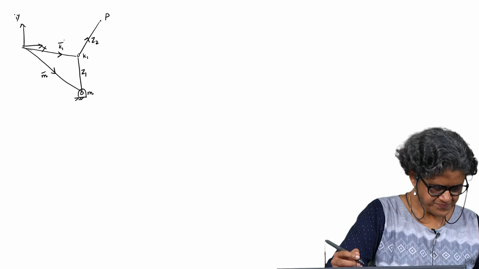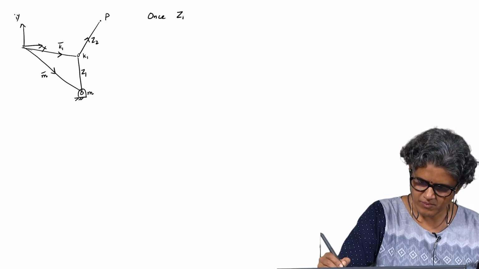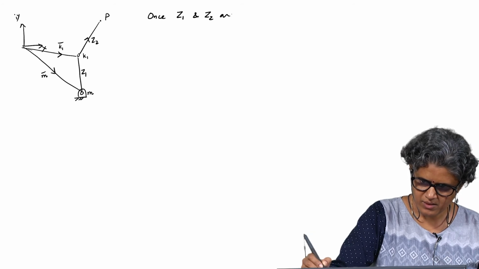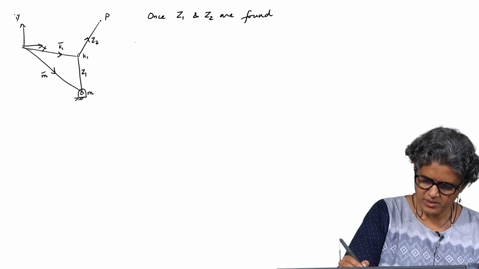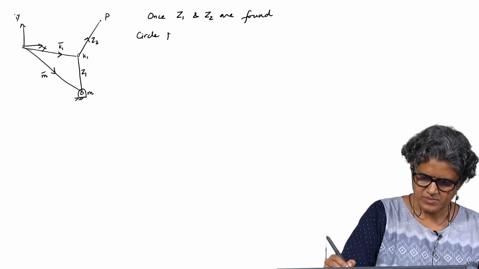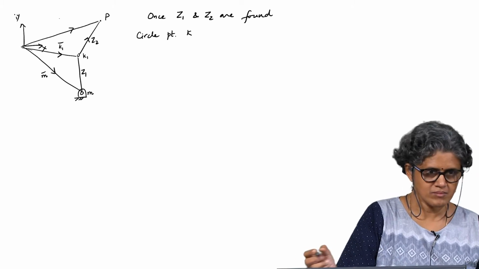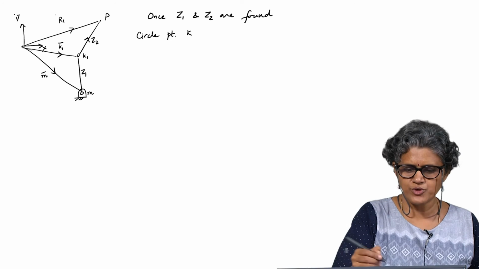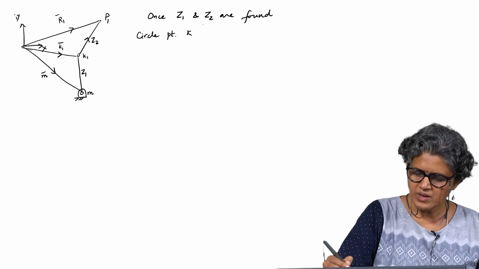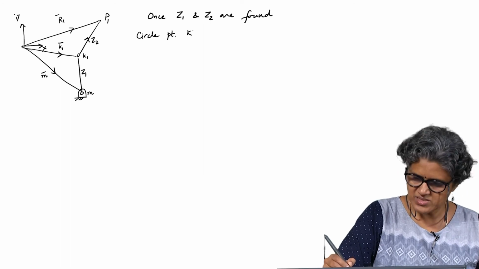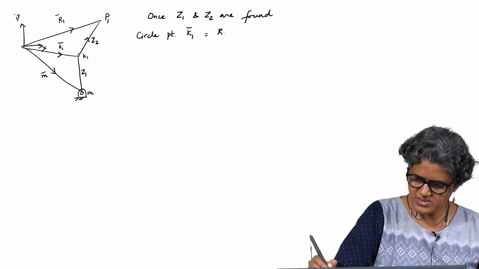So, I can my circle point, this is R1, right, which is known. My first position, my first precision point. This should be P1. So, circle point K1 is defined as R1 minus Z2.